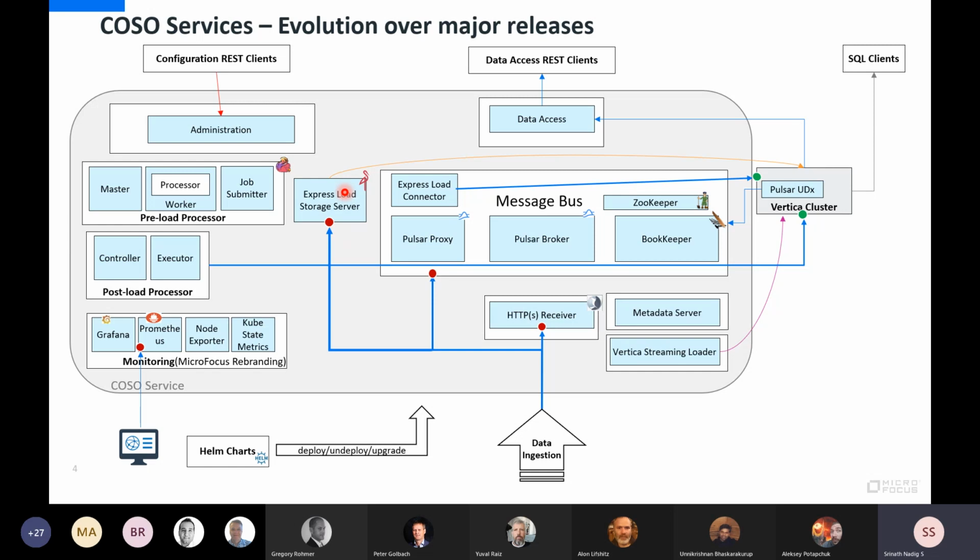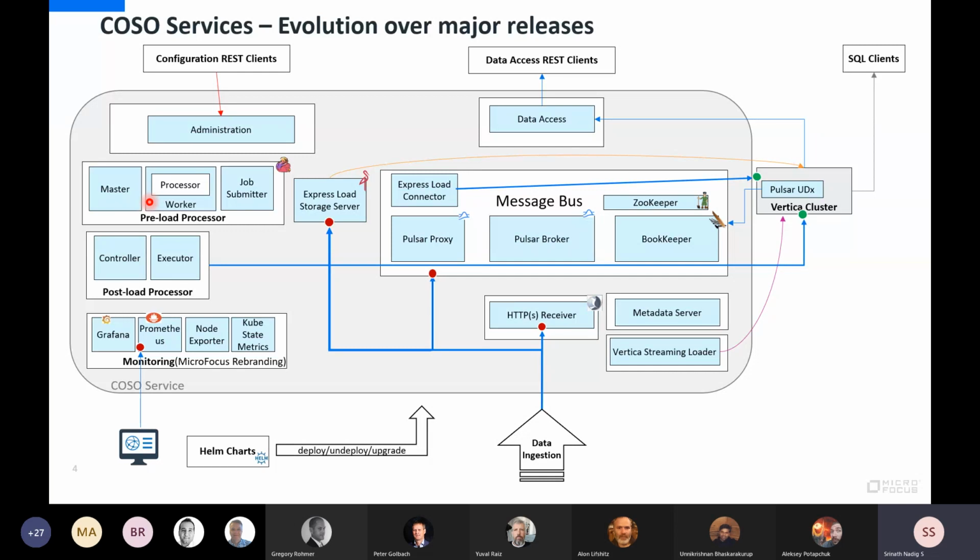Along with this, as soon as the data gets ingested, we do provide mechanisms to process this data in two phases. The first phase is the preload. When I say preload, before even going into the Vertica database, if there is any transformation that needs to be performed, we have the capability to put in certain kinds of transformations, and we'll talk about that further in detail in the preload processor.